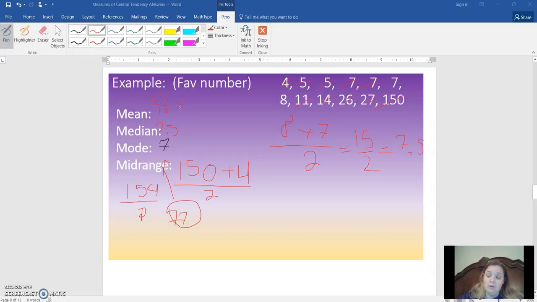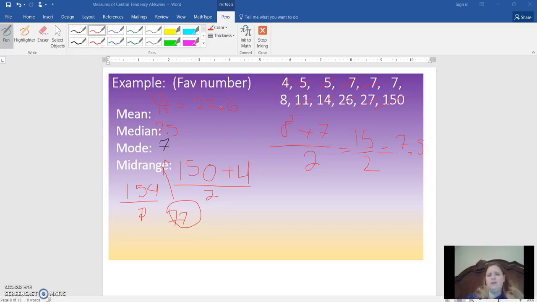On rounding, these are all whole numbers, so I need to go one less, so I'm going to do 22.6. Alright, so my mean is 22.6, my median is 7.5, my mode is 7, my mid-range is 77.